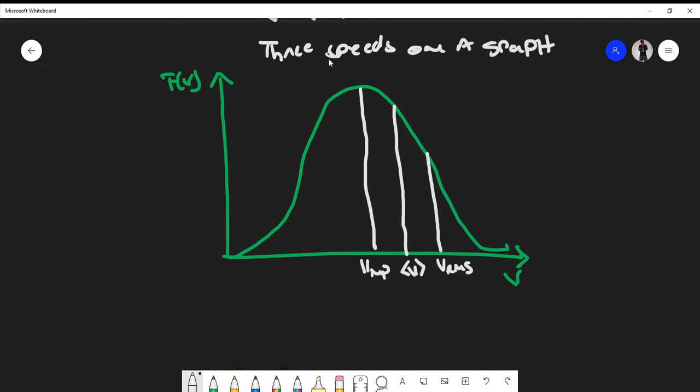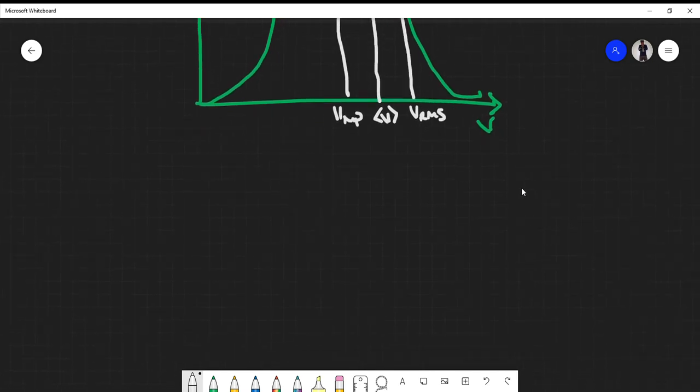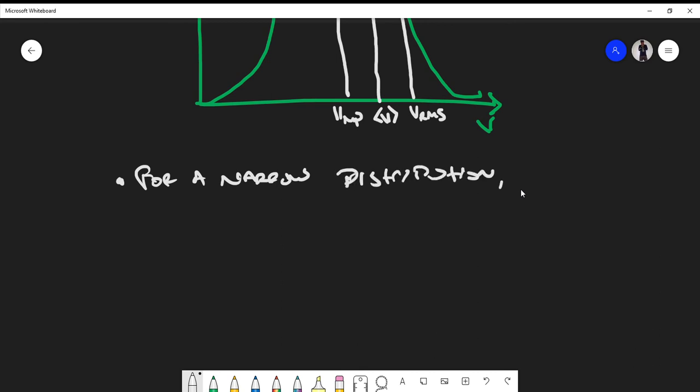And we're going to do an example. So some comments with respect to the graph. For a narrow distribution, the speeds are actually very similar.